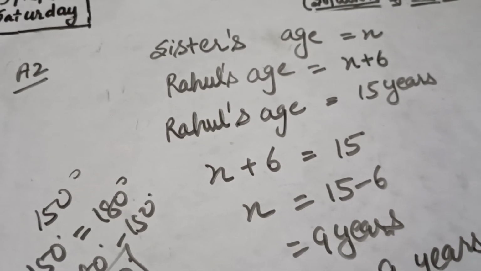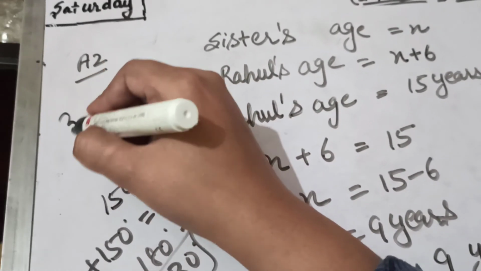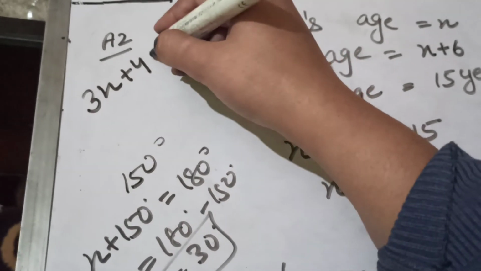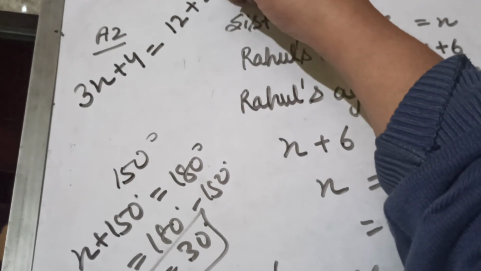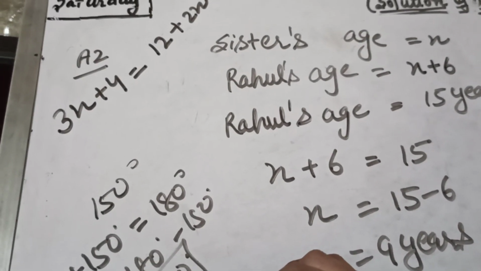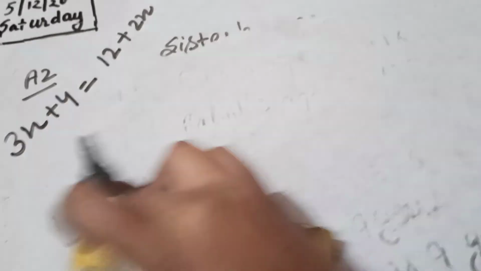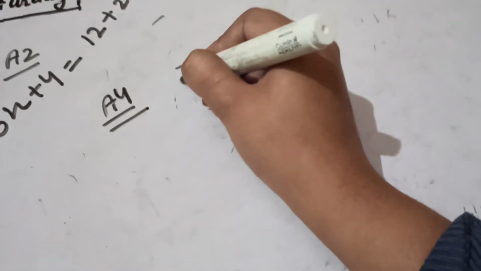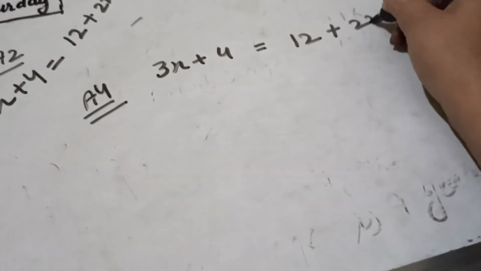Now A4. 4 more than 3 times a number. 3 times a number means 3x. 4 more than means plus 4, is equal to 12 more than its double. Find the number. So this will be the equation in A4. 4 more than 3 times a number means 3x plus 4 is equal to 12 more than its double.